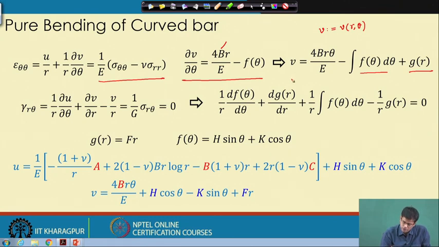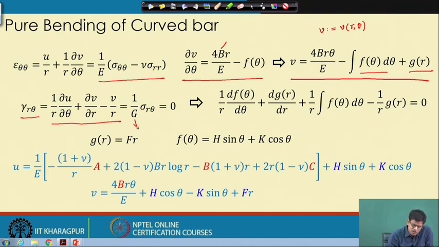Now, what we have? We have v and we also have u from the last slide. So, if we substitute gamma r theta, that is del u by del theta plus dv by dr minus v by r, which is essentially the shear strain in our theta system, and this shear strain is essentially the shear stress divided by the shear modulus g.